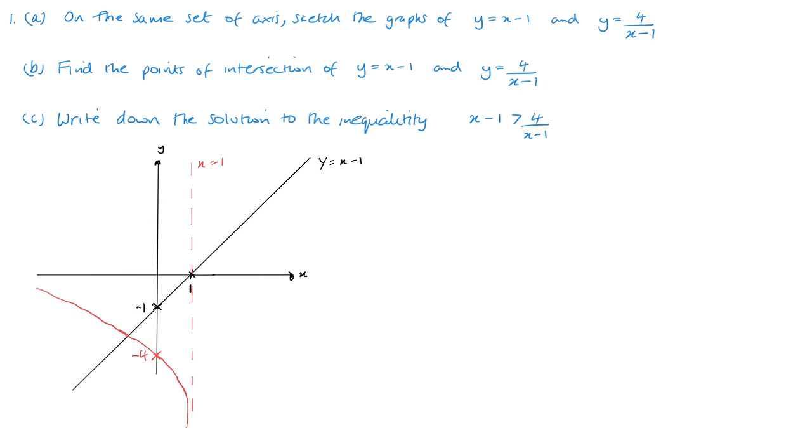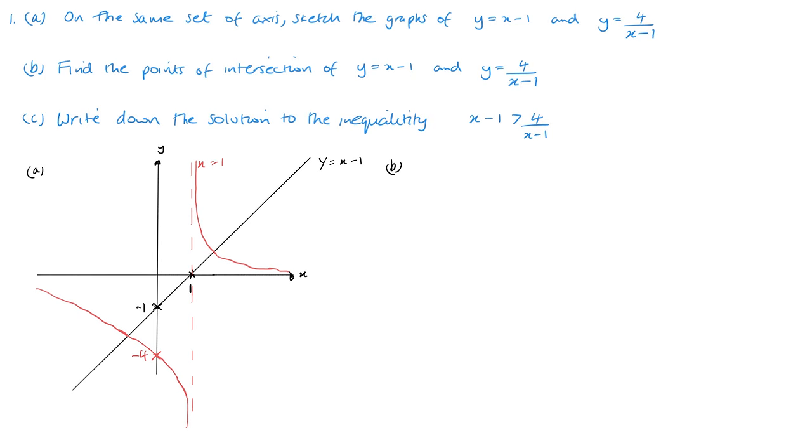So this is going to be very large up here. This is going to come down, cross somewhere, and head down towards the x-axis there. So that is my sketch done for part A.